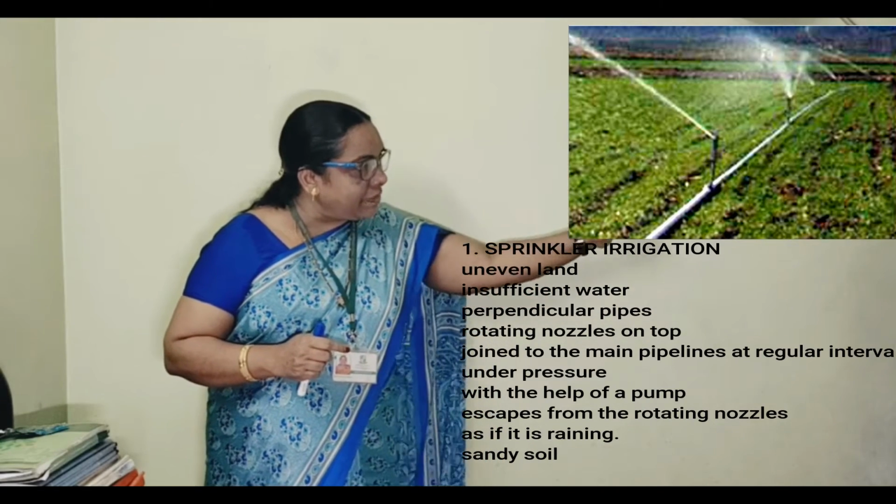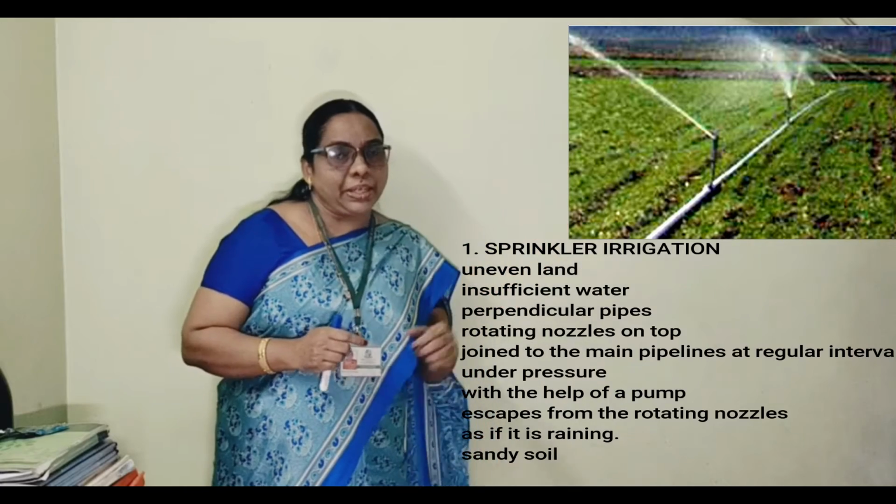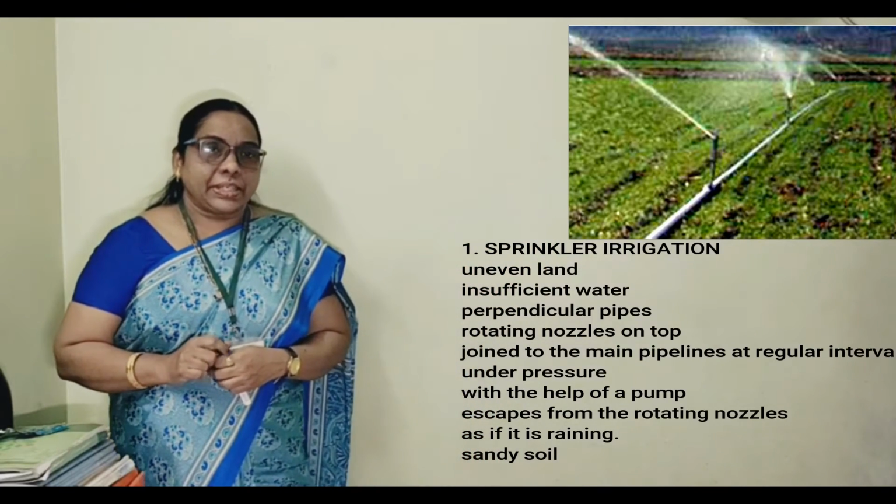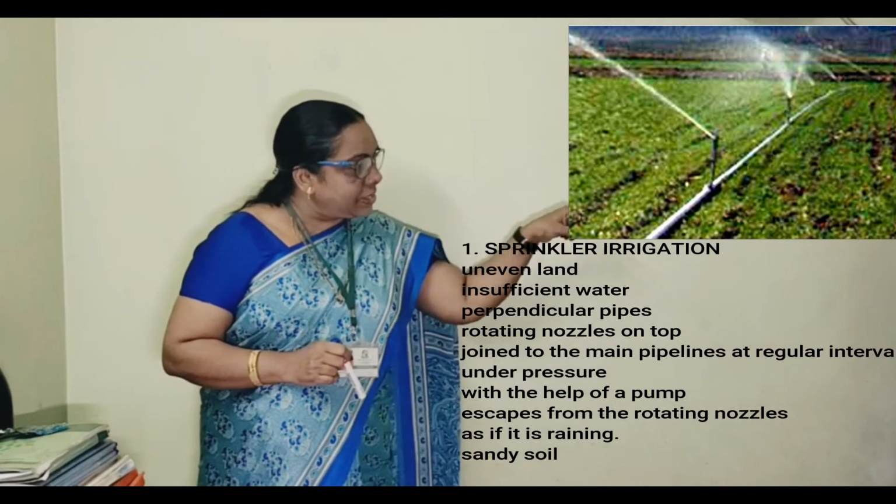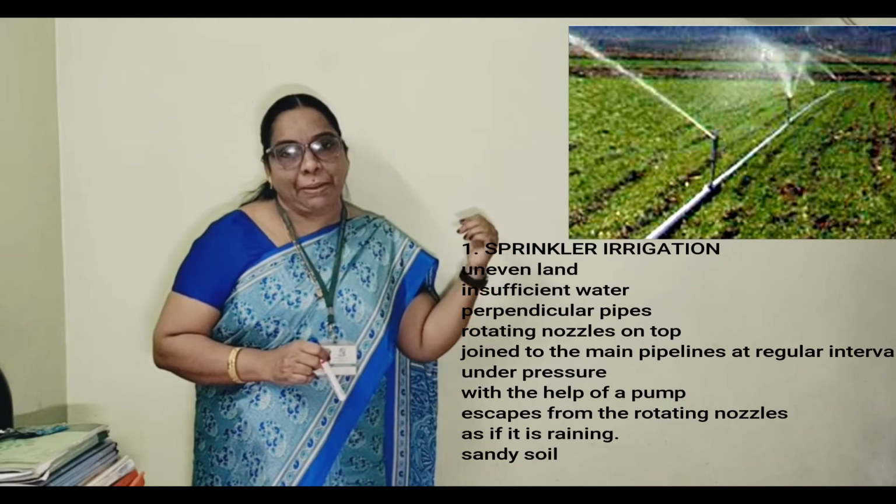The perpendicular pipe is connected to it, and on top of the vertical pipe there will be the nozzle. So this entire system will be joined to the main pipeline system.